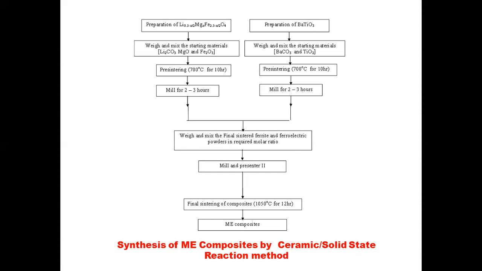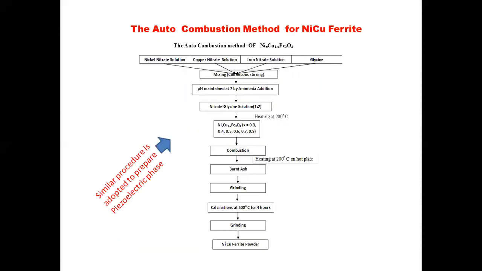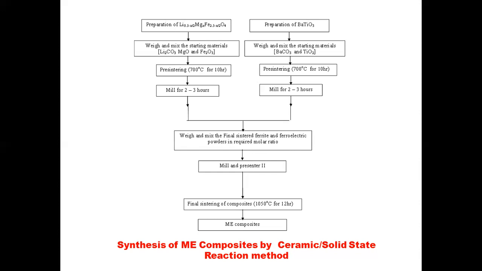Because of that, lithium magnesium ferrite is chosen as the ferrimagnetic phase. And the ferroelectric phase is barium titanate. This barium titanate has very good ferroelectric properties. That is why barium titanate is chosen.